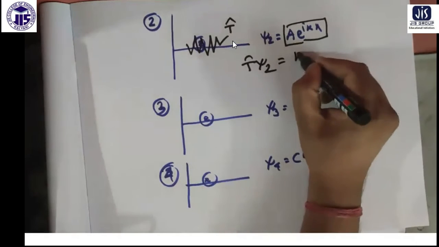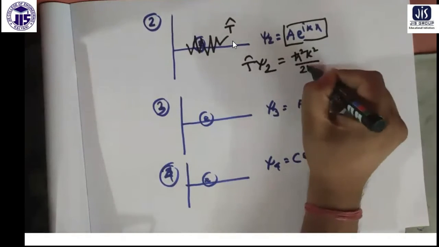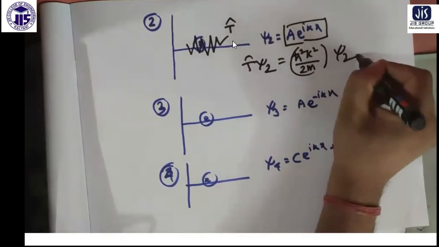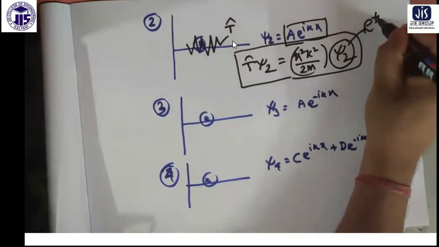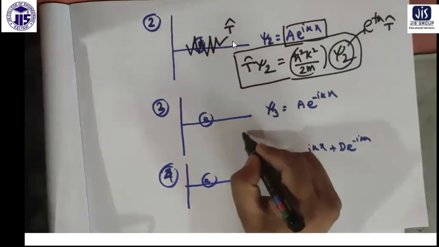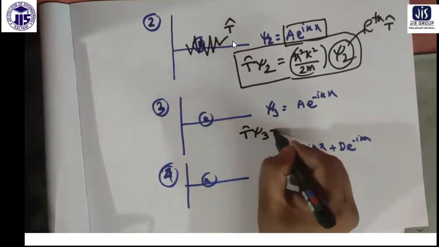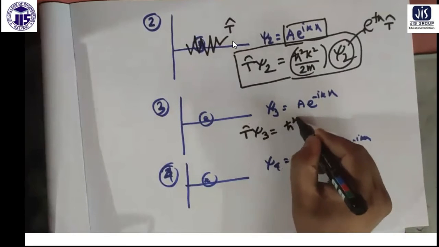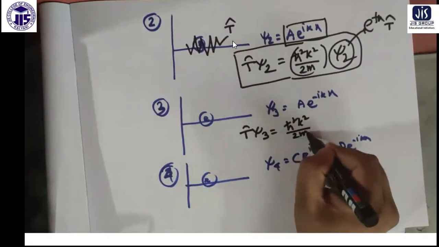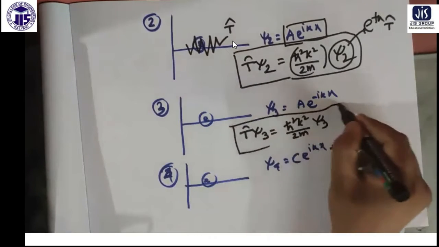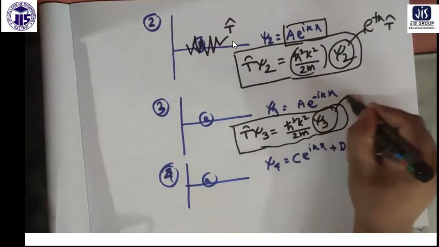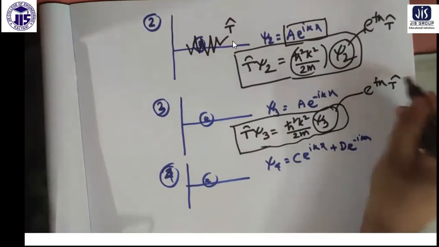If you do, it satisfies the eigenvalue equation with h cut square k square by 2m and psi2. So psi2 becomes an eigenfunction of the kinetic energy operator. In this case, if you operate T on psi3, you also get the same kinetic energy value. It is also an eigenvalue equation, so psi3 is also an eigenfunction of T cap.